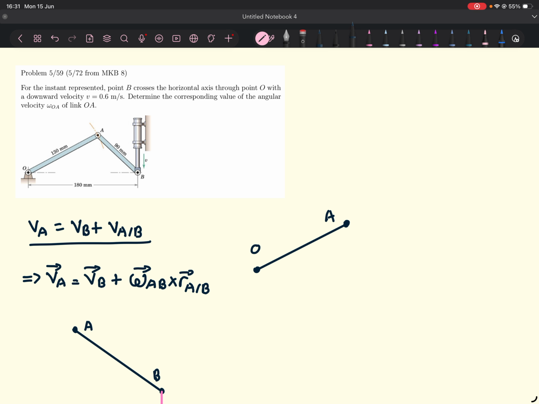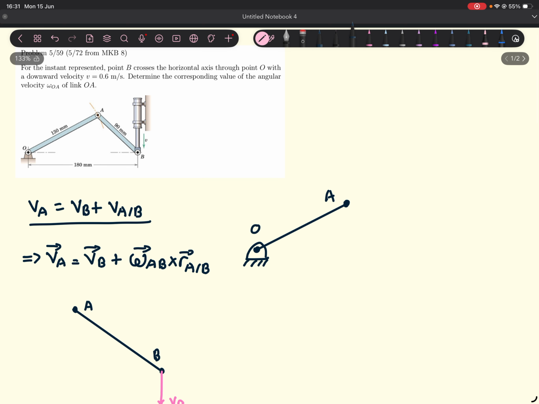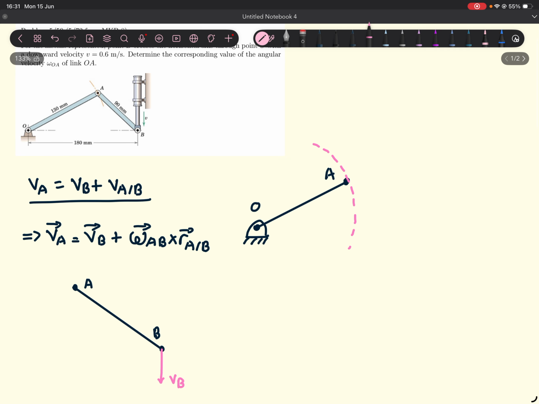So I have point O, have point A, and I know that this is going through fixed axis rotation, right? So point O is stationary, and if you know about fixed axis rotation, I can write my equation for this. I can say that VA is equal to VO plus VA relative to O, right? Then we know that VO is 0 because it's a fixed point. Then VA is going to be equal to omega AO crossed with R, A relative to O. Cool.